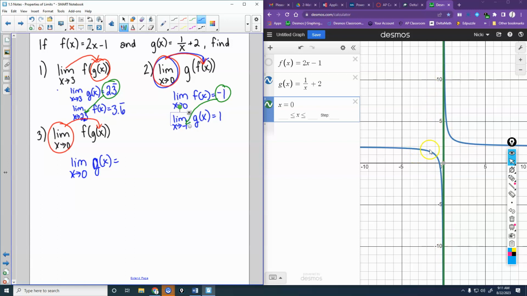Does not exist, because on the left side we would go to -infinity, on the right side we would go to +infinity. So that is a does not exist. So since I'm getting does not exist here, the whole thing is going to be does not exist. That's really not mathematically correct for me to put this equals right there. So if you get a does not exist on that first step, you're going to get a does not exist for the whole thing.